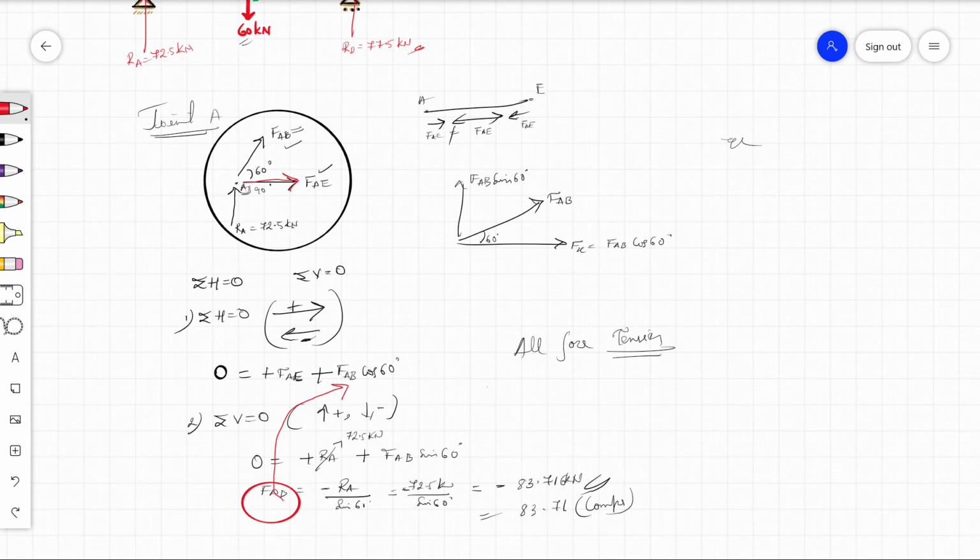That is 0 is equal to FAE plus FAB cos 60. So we apply it there and find the value of FAE. So FAE is equal to minus FAB cos 60, and the value of FAB is 83.71, cos 60.